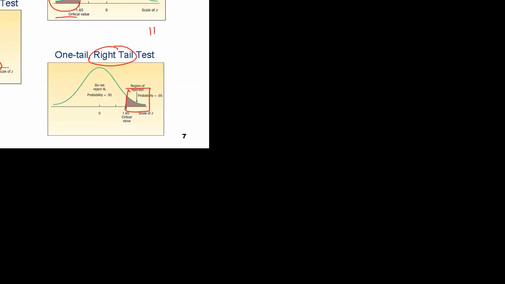So the alternate hypothesis would be written like this: mu greater than whatever this stated value is. Again, if you look at where this greater than is pointing, it's pointing to the right. Hence, it's a right tail test. Mu less than or equal to a value.